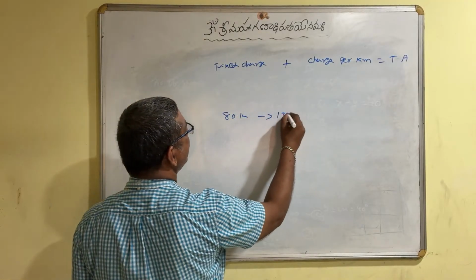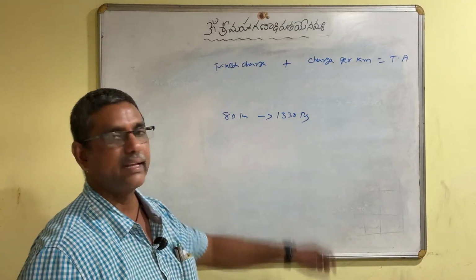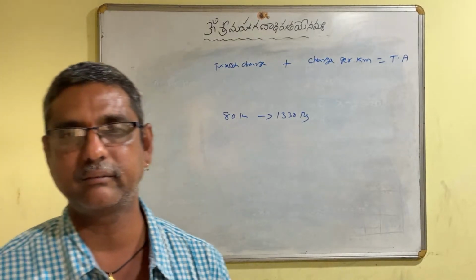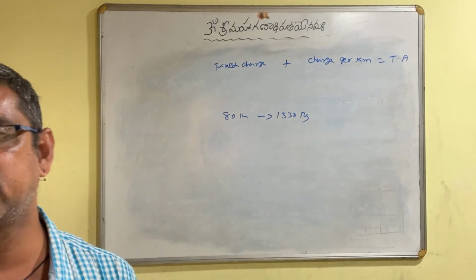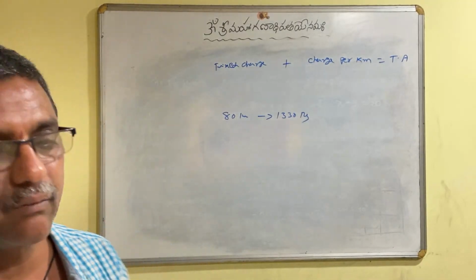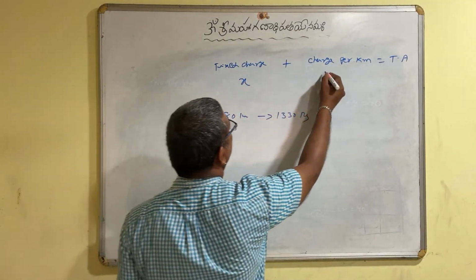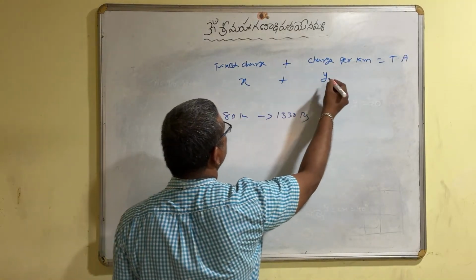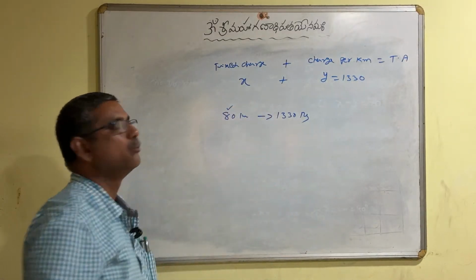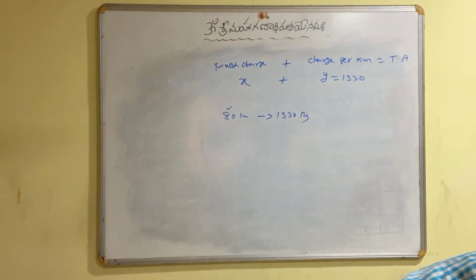In this 1330 rupees, there is fixed charge as well as charge per kilometer. But we don't know what is the fixed charge and what is the charge per kilometer. But together it becomes 1330 for 80 kilometers.